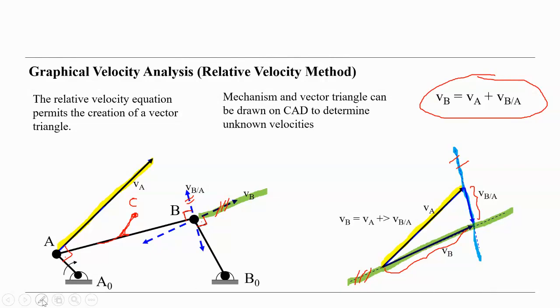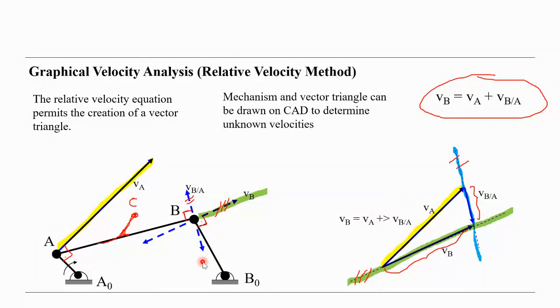And as you remember, we had a crank rocker mechanism, and in this crank rocker mechanism, we were interested to calculate the velocity on the points A, B, and any point on the coupler.